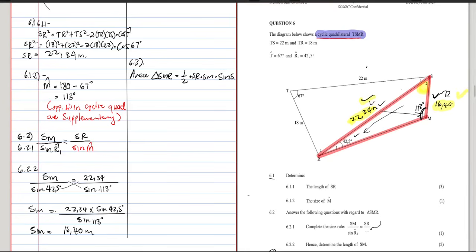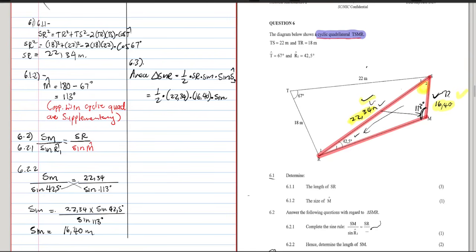So that's going to be a half multiplied by, what is SR? That's 22.34. SM, that's 16.40, multiplied by sine S2. S2 we don't have, but we can calculate it using the sum of angles in a triangle.